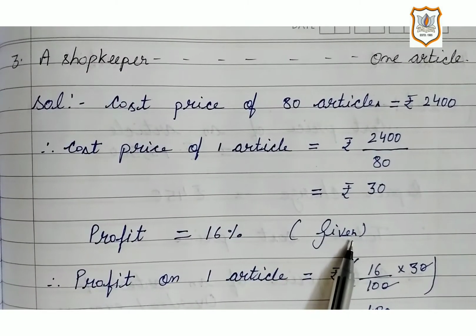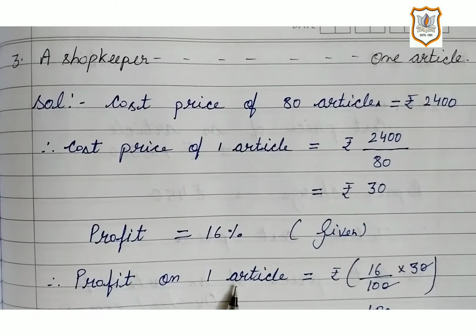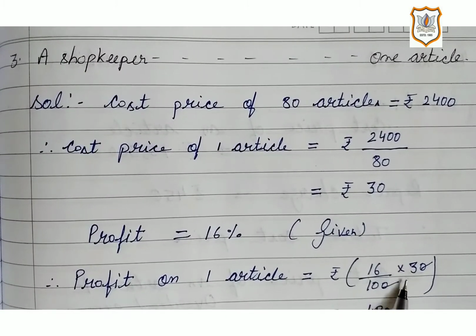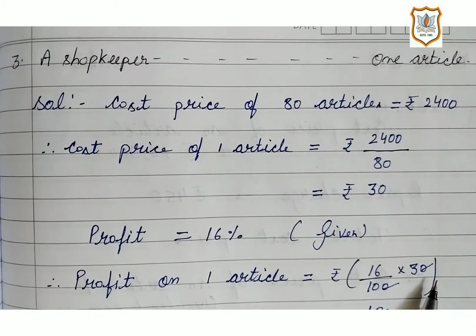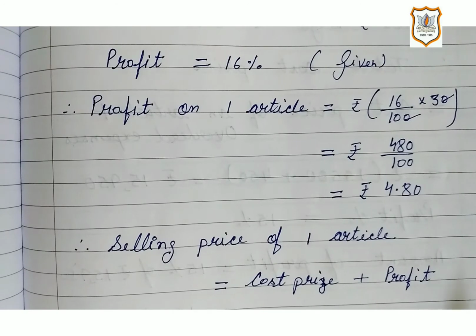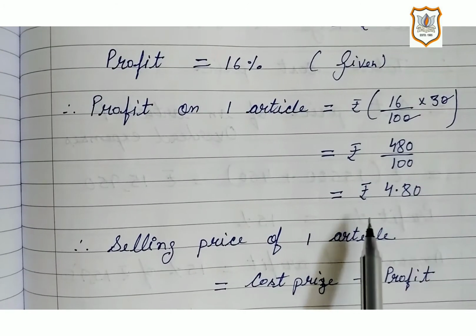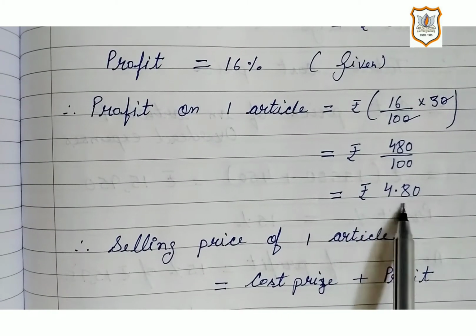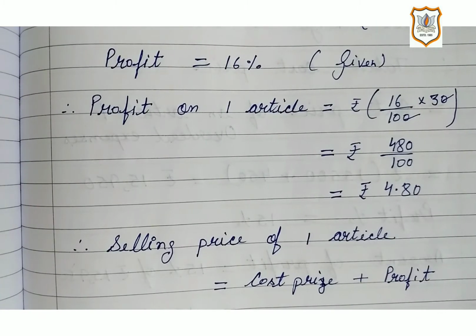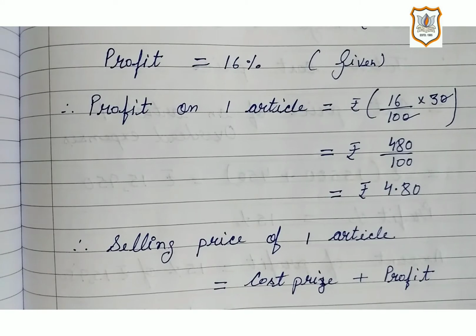It is given in the question. Profit on one article is equal to rupees 16 upon 100 multiply 30. Clear? When we solve this calculation, we get rupees 4.80.